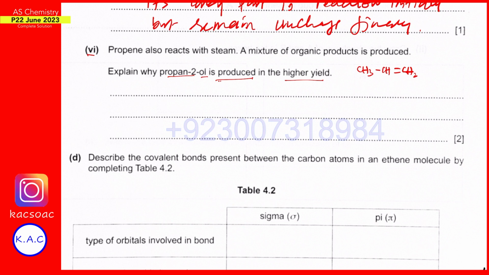One carbocation may be formed on this carbon atom, and the other on this carbon atom. When the carbocation is formed on the end carbon, that is a primary carbocation, and if it is formed on the middle carbon, that is a secondary carbocation. Propan-2-ol, this is carbon number 2, is formed via the secondary carbocation.